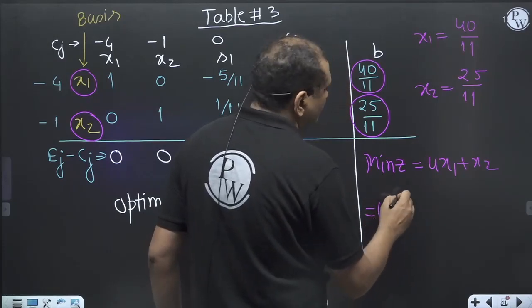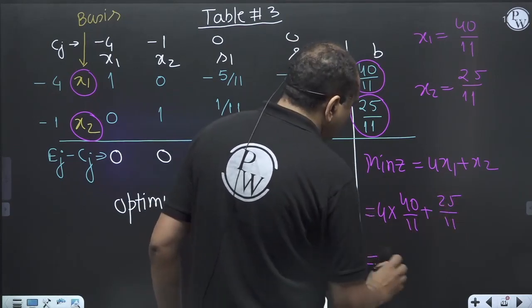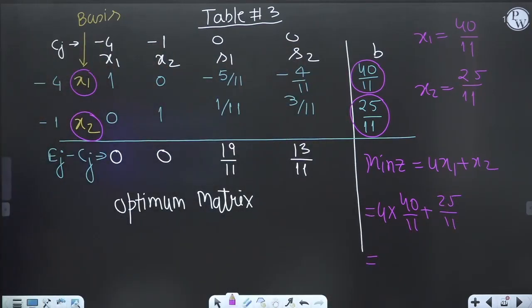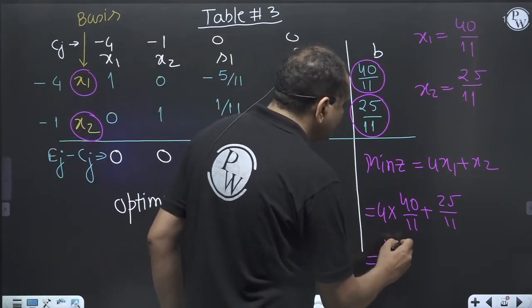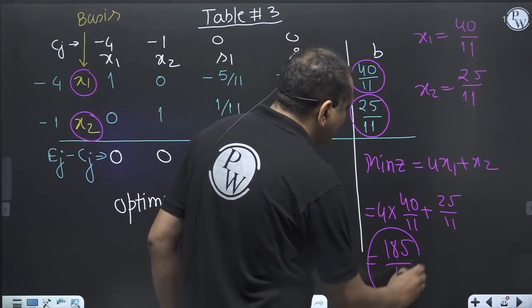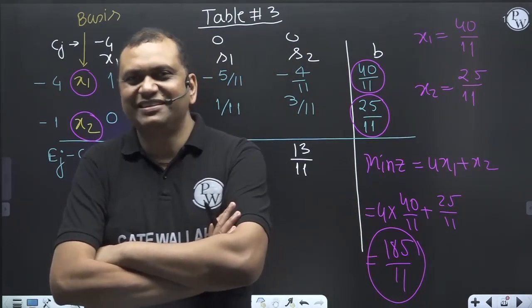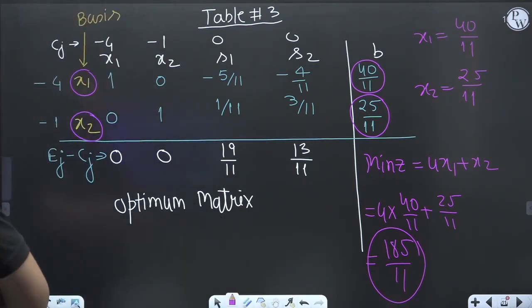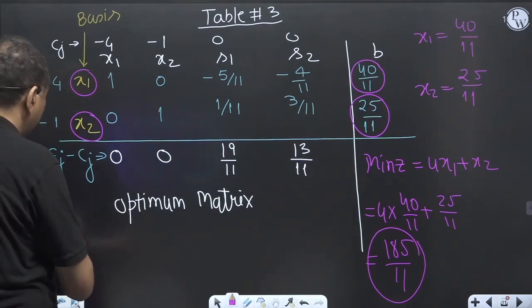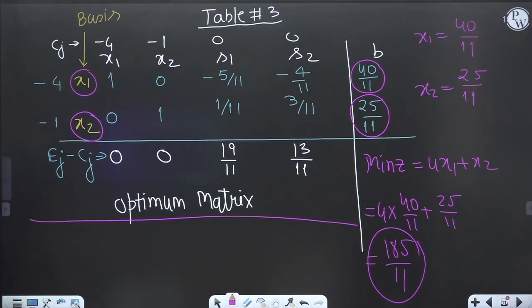So 4 into 40 by 11 plus 25 by 11. So that is our minimum objective function, 185 by 11. That is your answer. Correct? Everybody okay?